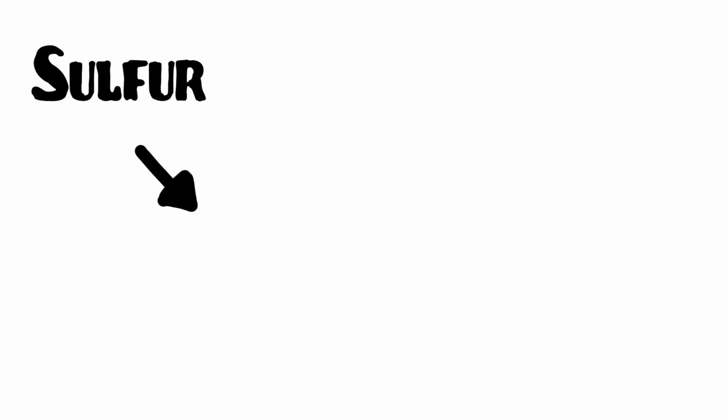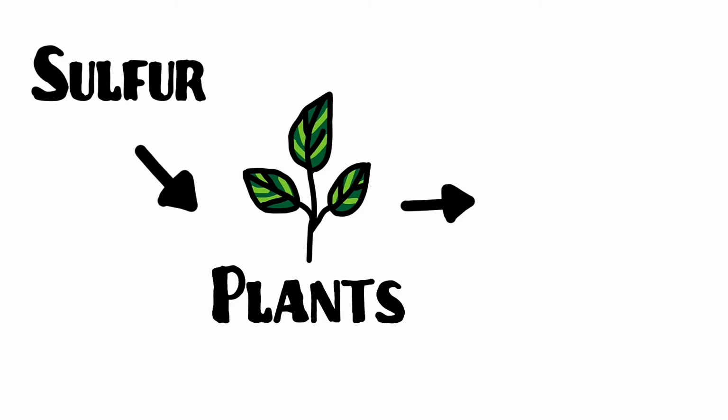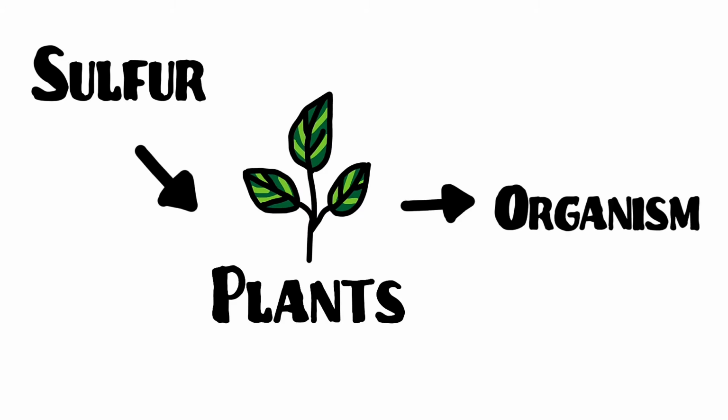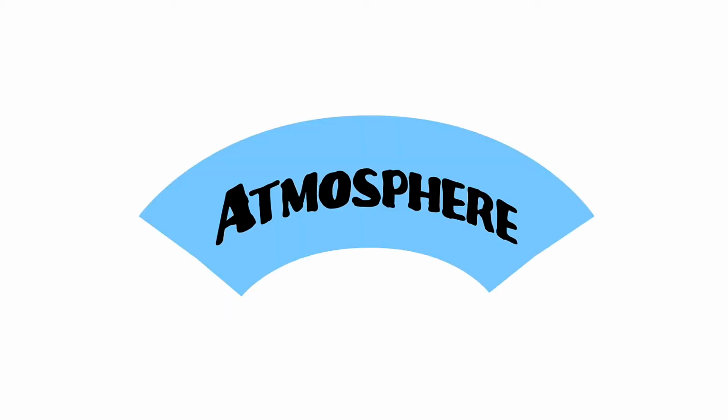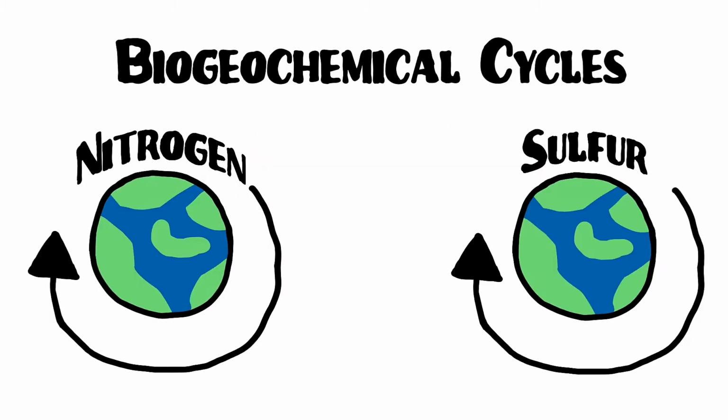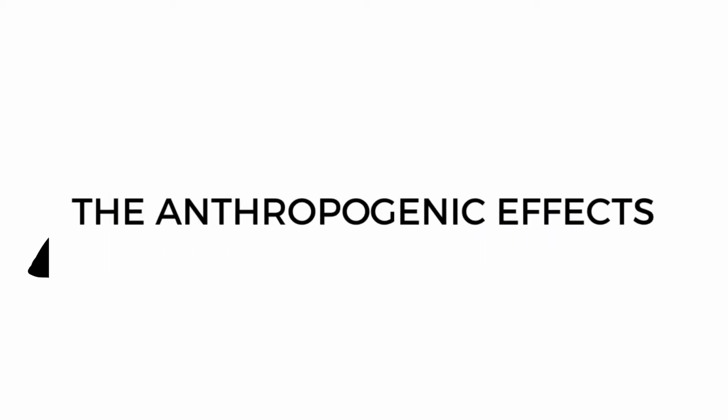Once the sulfur reaches the plants, it is then passed on to various organisms and is ultimately released and returned to the atmosphere after those organisms die and decompose. With these two biogeochemical cycles, plants receive nutrients needed for growth and development and other important functions.